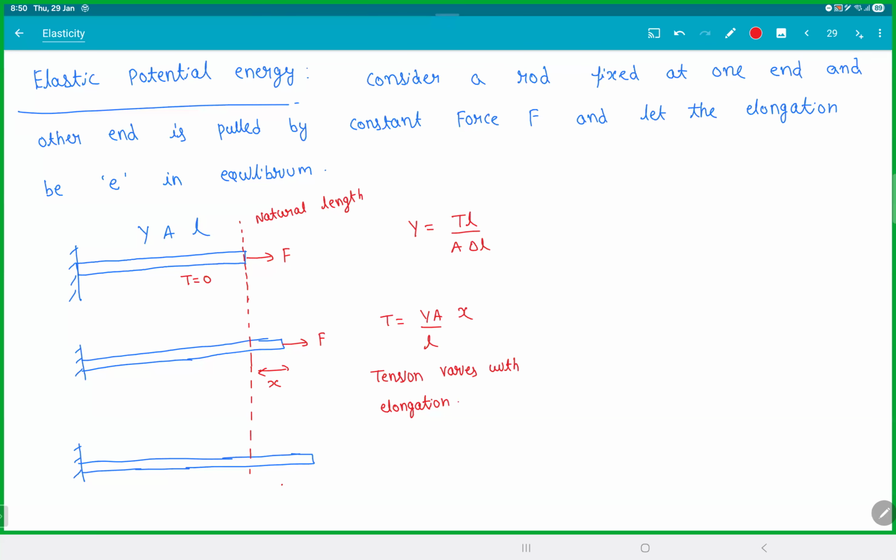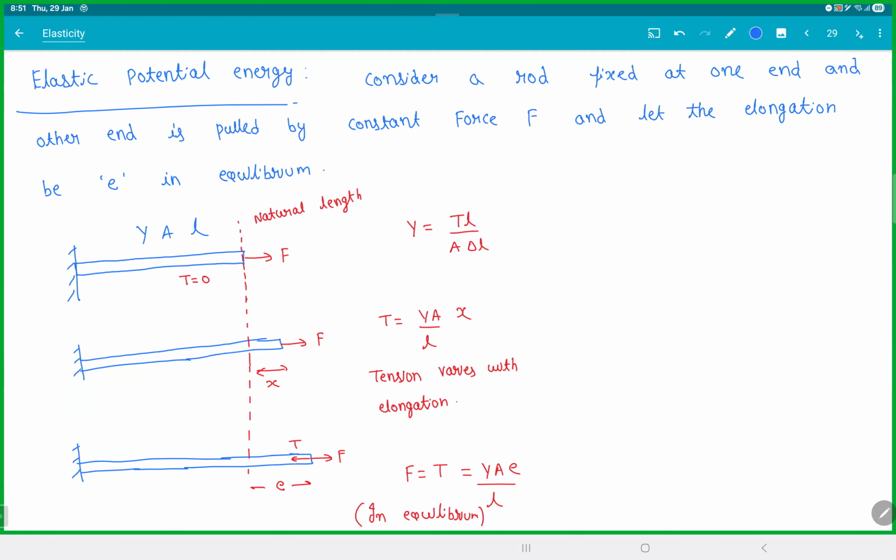So this is your final elongation. At this point, the force F and the tension become equal, T, which is YAE by L. This is in equilibrium. So remember that, tension is not constant. It will keep increasing, and eventually it becomes constant.